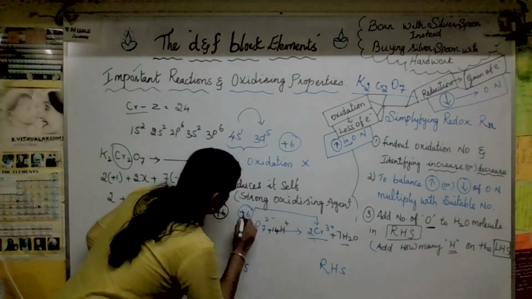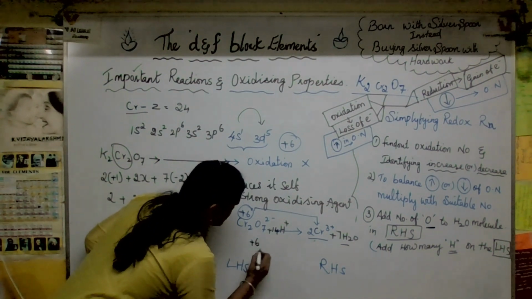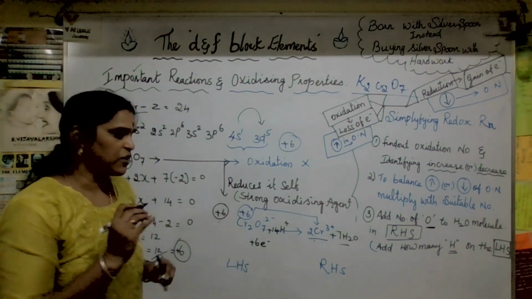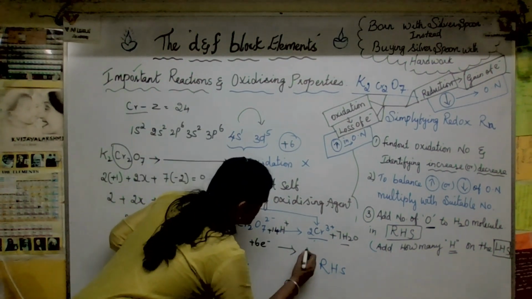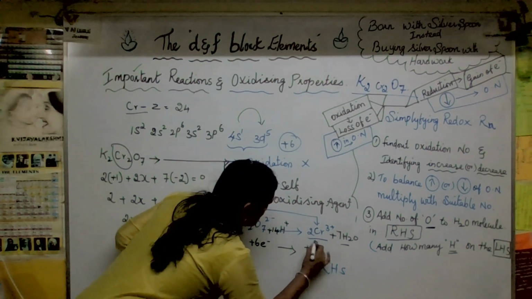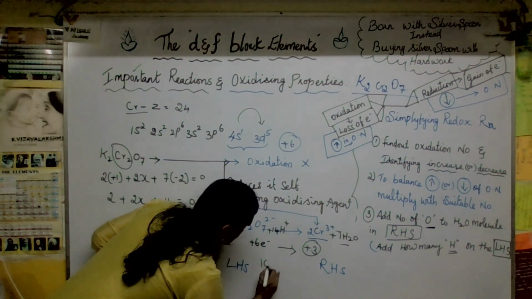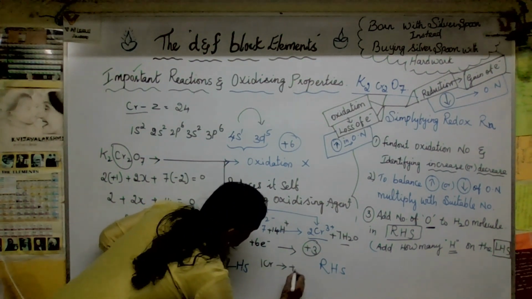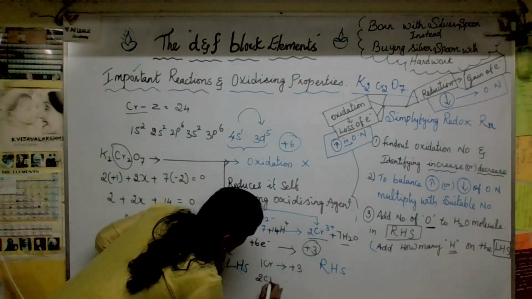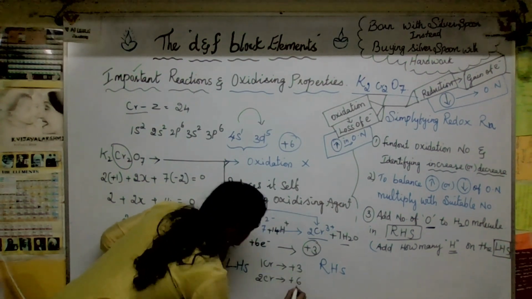What is the oxidation state here? Plus 6, right? So plus 6 means 6 electrons. Here plus 3, so 2Cr3+, that means 1 chromium atom gives 3 plus, and for 2 chromium atoms it is 6, right?